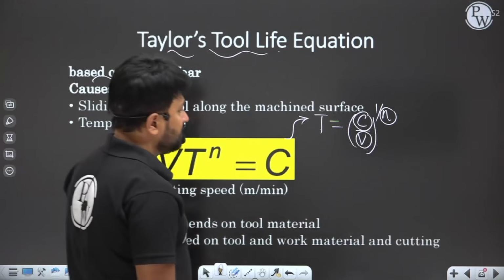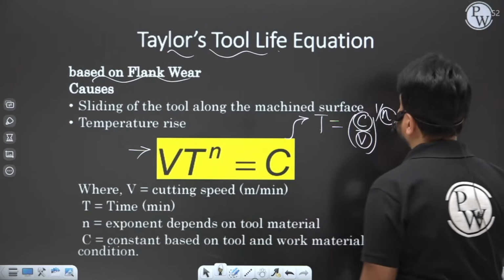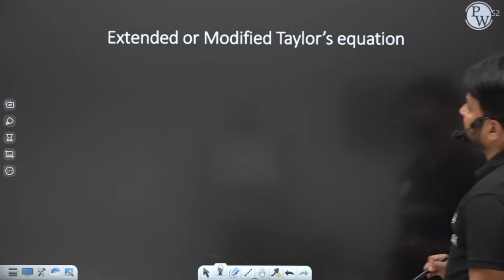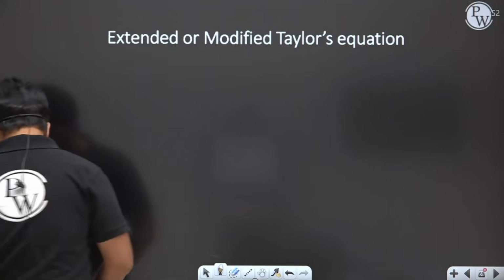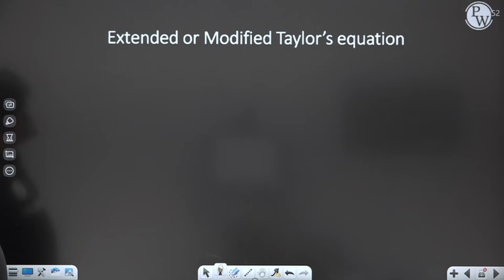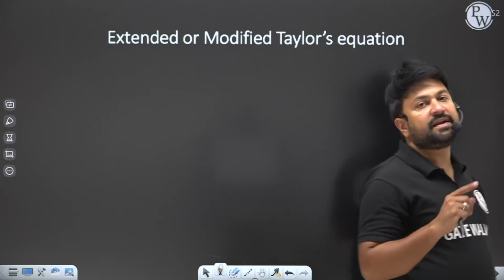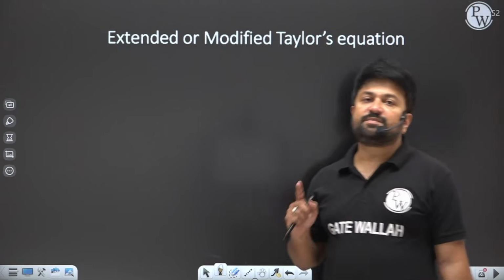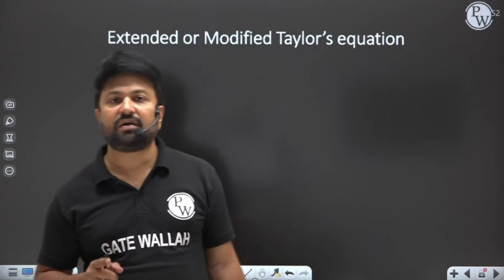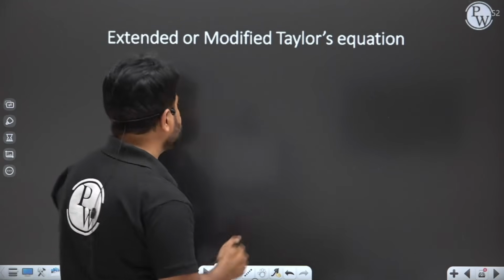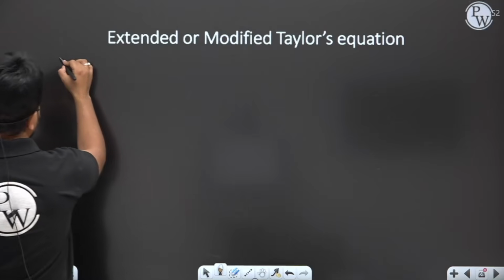But in the extended or modified Taylor equation, the tool life is not based on only one parameter. It will be based on feed and depth of cut. So the equation is what?